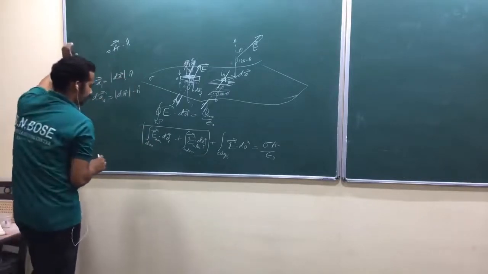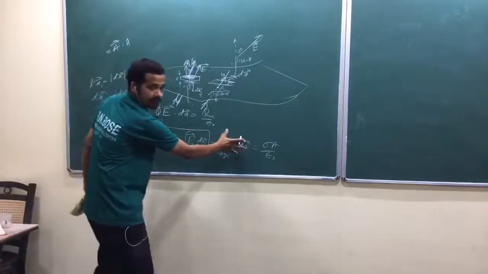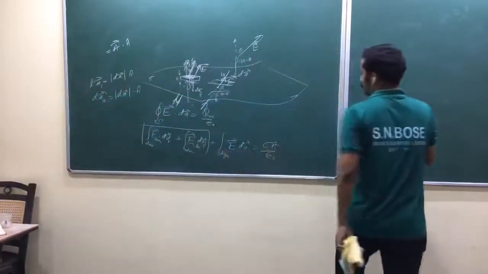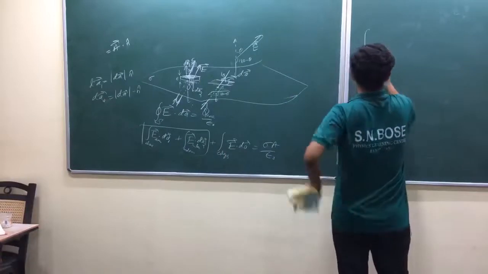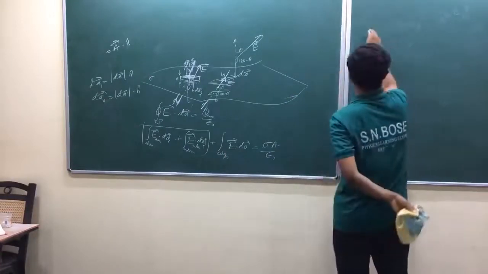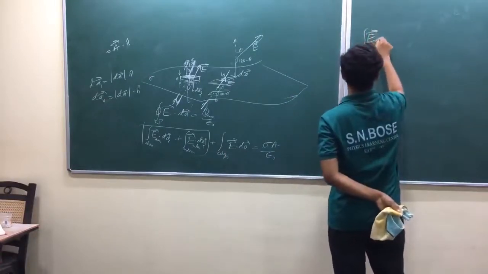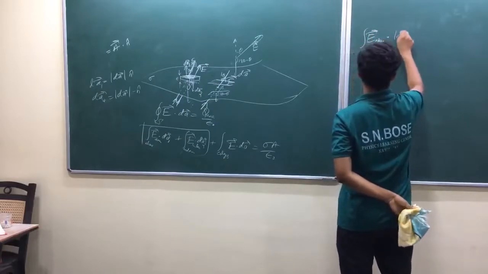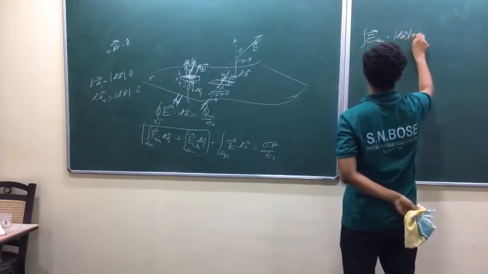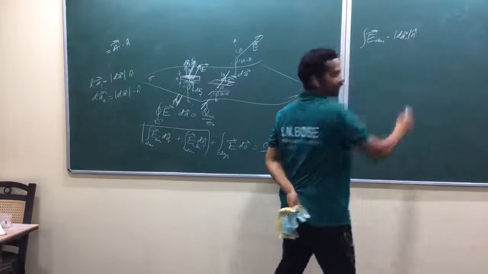I'd better write it like this. Wait a second. Let me just neglect this part, okay? So now what I do here is E above dot mod dA1, n1 cap, n cap, okay?